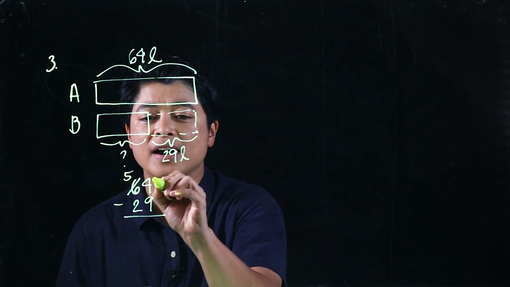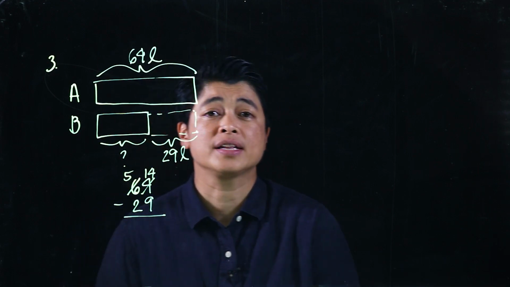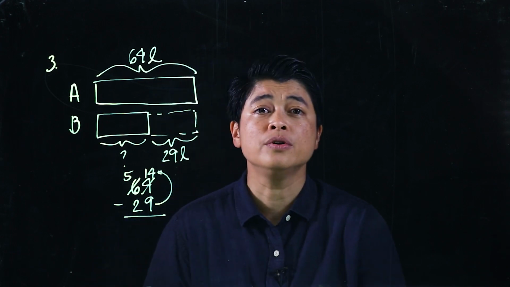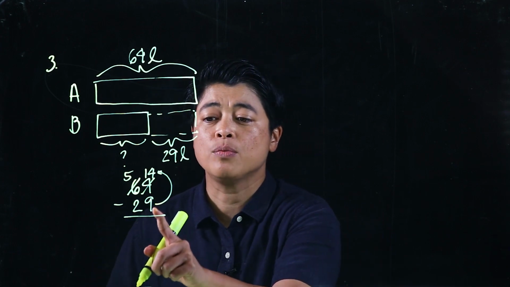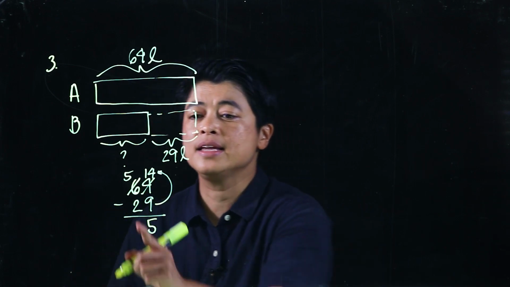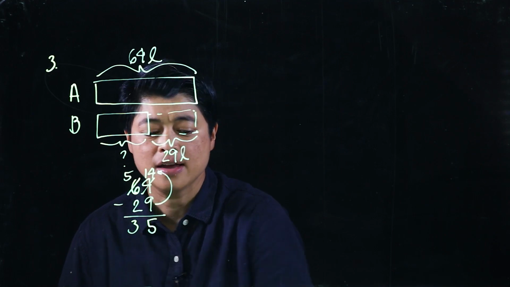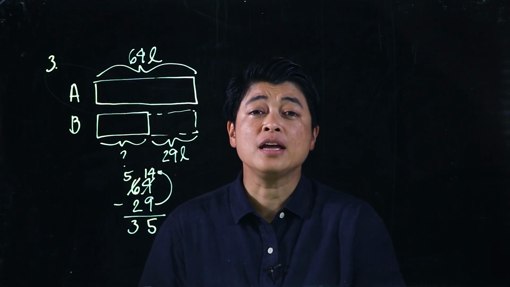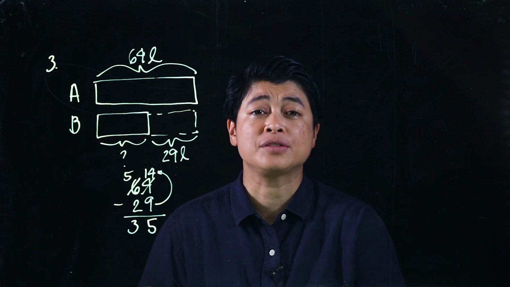So that will be 5 regrouped as 14. When we start with 9, we count to 14, so that means we need one more plus 4 means 5. And this is 35. So Factory B used 35 liters.